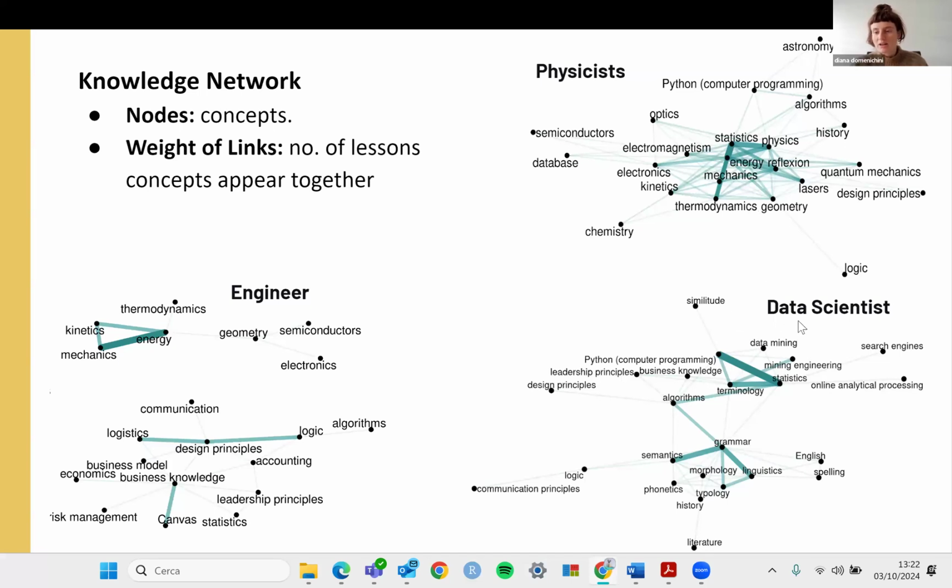Here we also have the data scientist knowledge network, where we also have two different groups of knowledge, but they are connected.